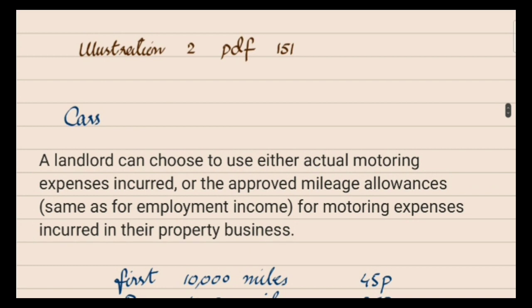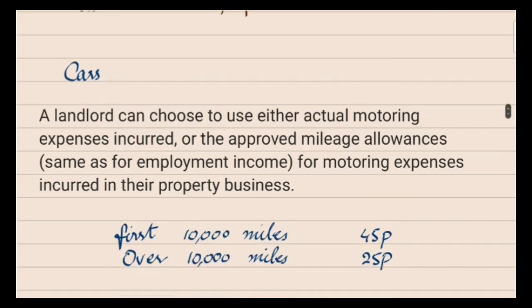Now you have to do illustration 2, which is on PDF page number 151. Now some extra rules about assessable income. First, about cars: a landlord can choose to use either actual motoring expenses incurred or the approved mileage allowances, which is the same as for employment income. This rule is also the same in the next chapter on employment income.